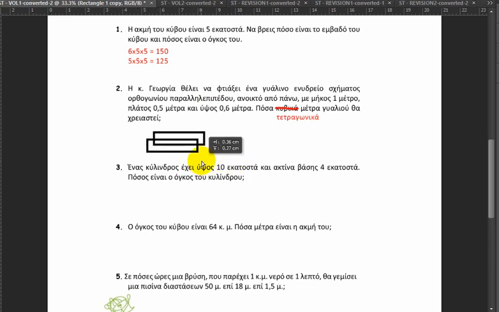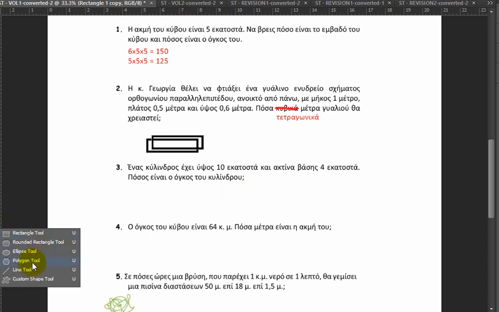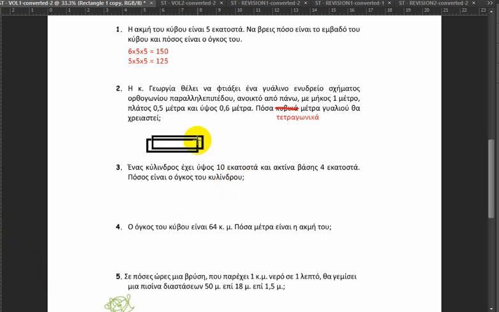That's what our shape is going to look like.